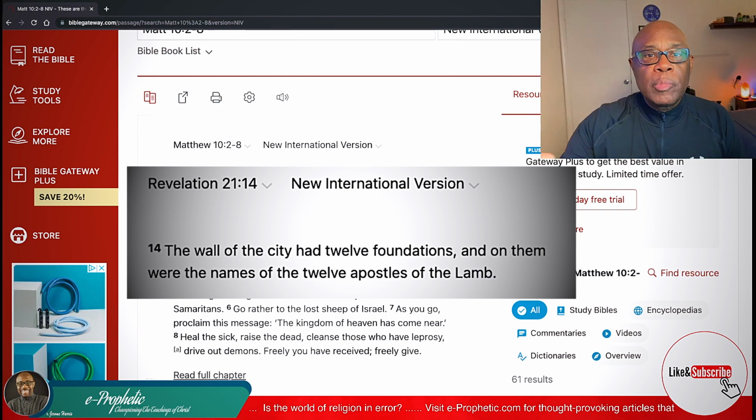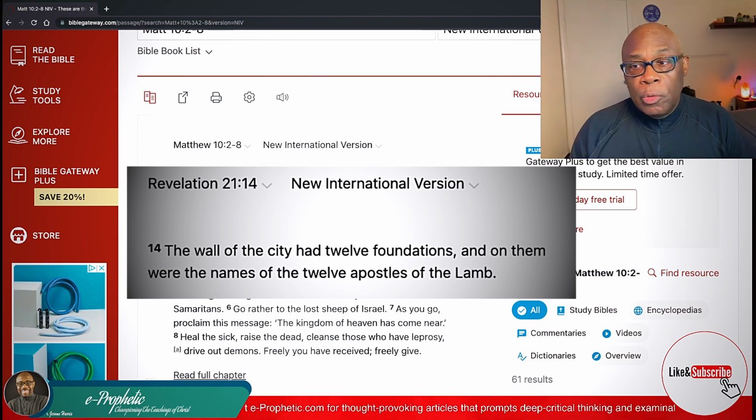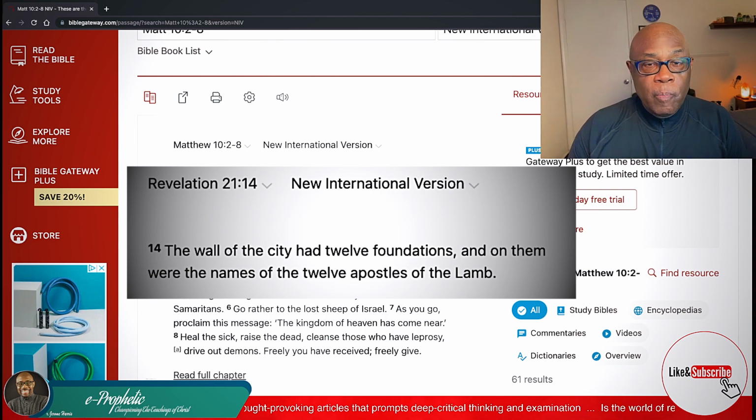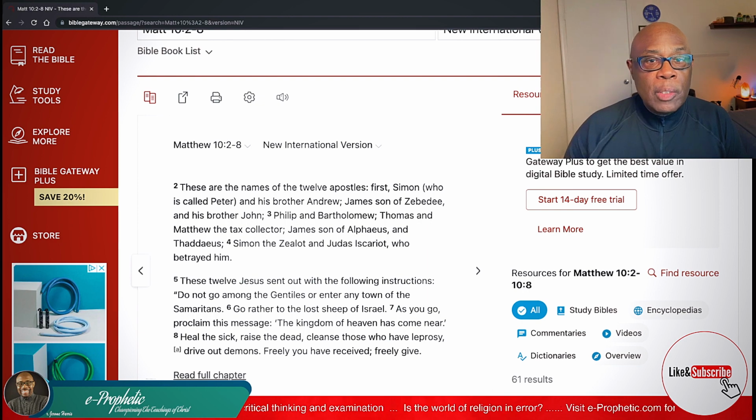When New Jerusalem comes down, we're told that there are 12 foundations upon which the names of the 12 apostles will be written. No person today who self-proclaims himself as an apostle will appear on those foundations. Their names won't be there. So what I'm saying here is that there aren't any new apostles. Anyone claiming to be an apostle would be false.